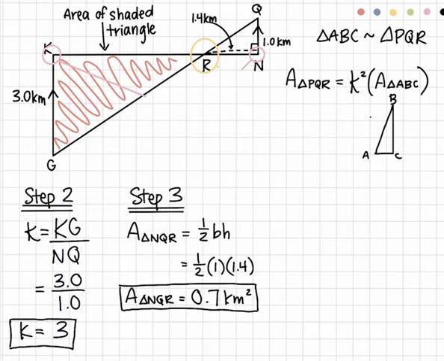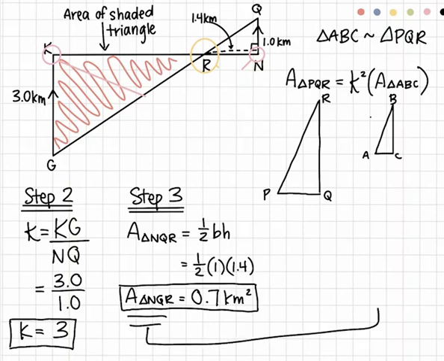And what we're looking for in this question is the large triangle, which is PQR, okay? So what we're able to do with this equation is substitute in the information that we've discovered already. We found down here the area of the small triangle. So now that we've found the area of the small triangle, we can find the area of the large triangle by substituting in the area and substituting in our scale factor, which we've also already found in step 2.